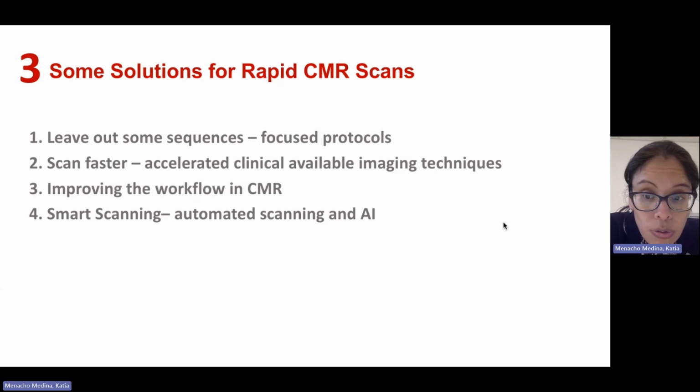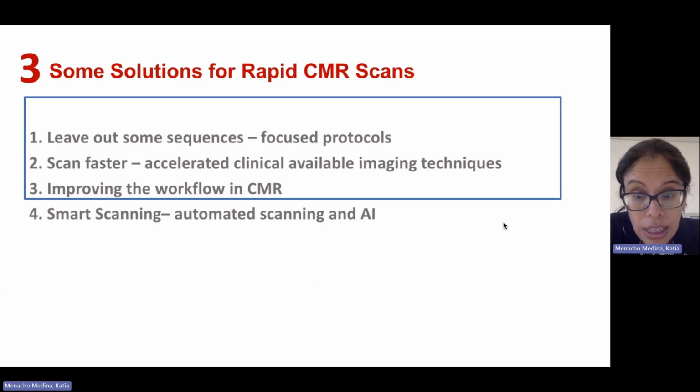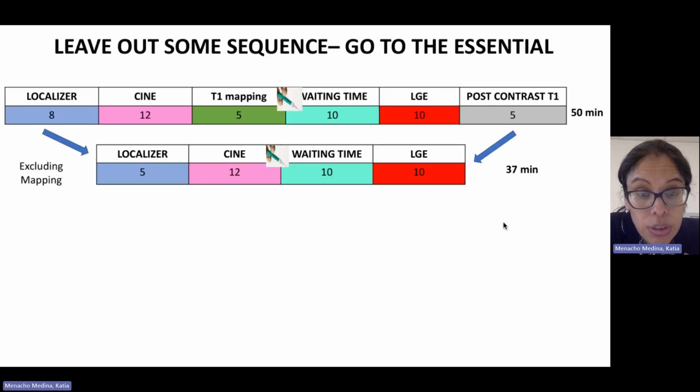Third is improving the workflow when the patient is scanned and during the changeover between patients. And finally, the option of using smart technology, using automated image scanning, and also artificial intelligence. The focus of this project was mainly to tackle the first 3 approaches.